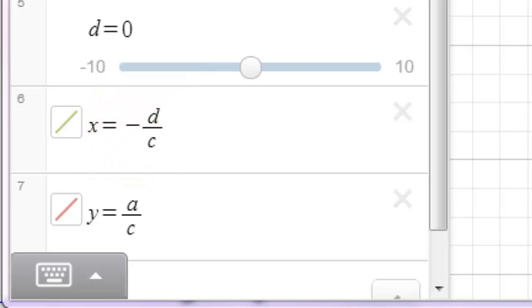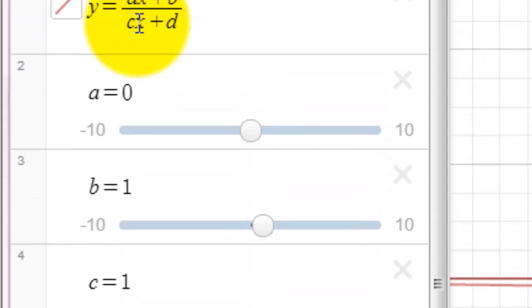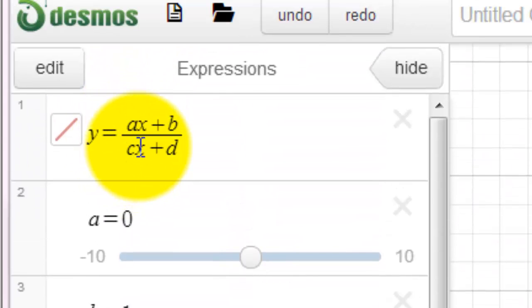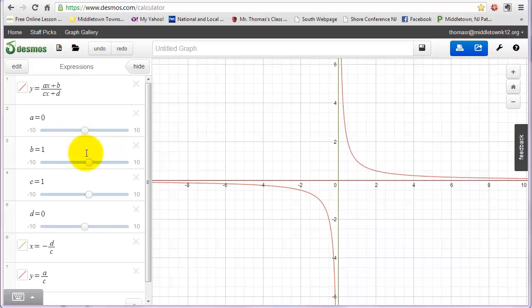And we'll be talking more in a future video, but the horizontal asymptote ends up being the ratio of these leading coefficients. So in this case, a over c. So as we change our sliders here, let's start putting some numbers in for a. So a is going to be affecting our horizontal asymptote here.